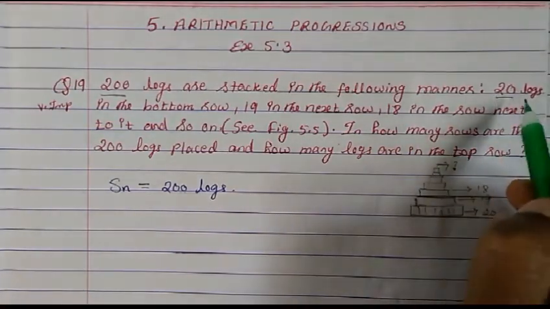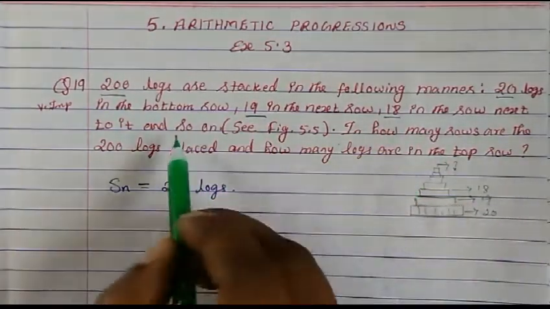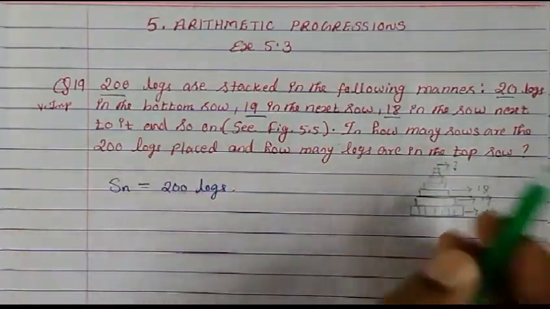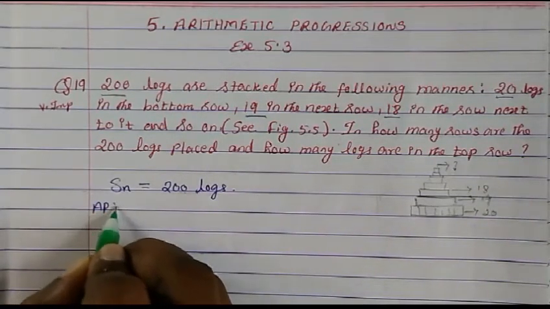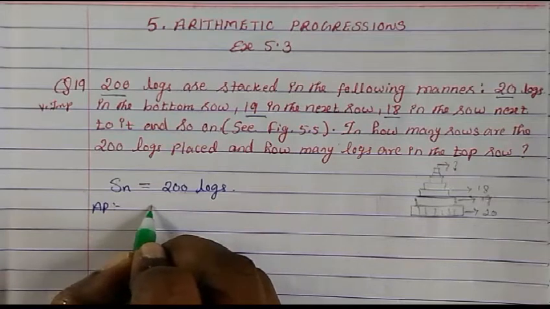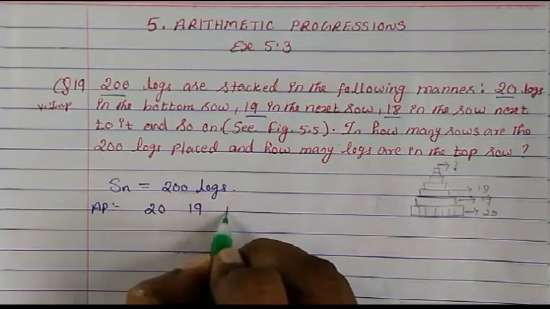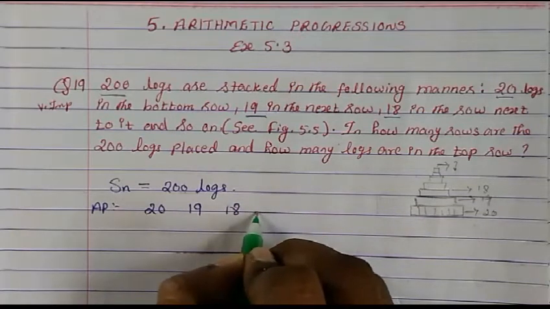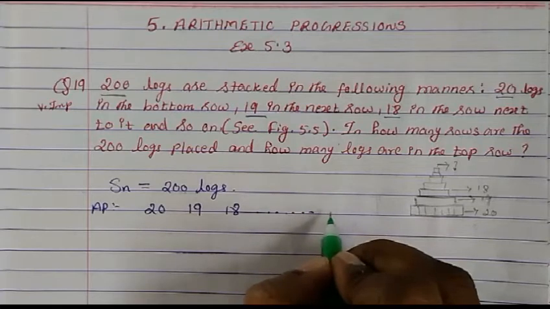First at the bottom we have 20, then 19, then 18, and so on. So let's write down the AP: 20 first, then 19, then 18, then 17, and so on and on. Finally the nth term.